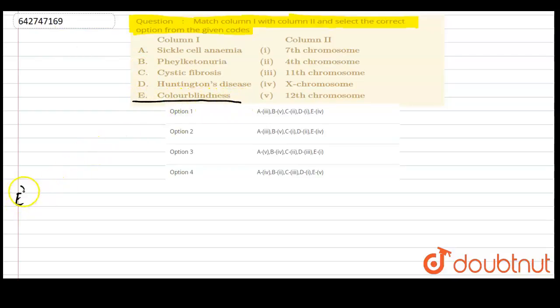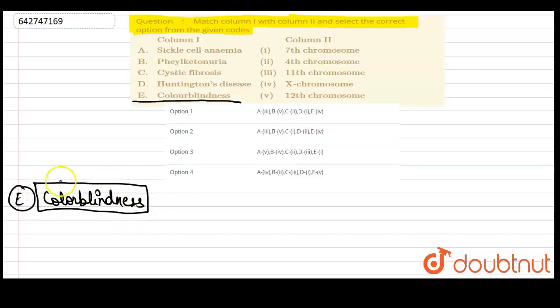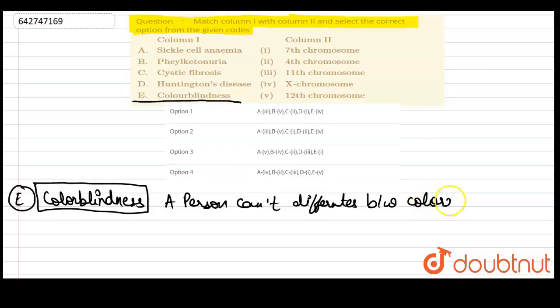In the E option, it is the color blindness disease. In color blindness, a person cannot differentiate between the colors.